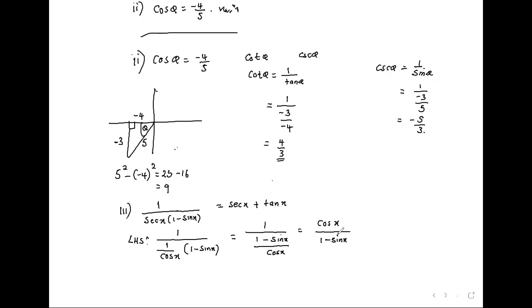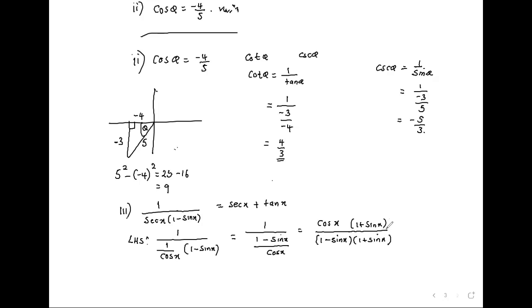So now let's try to multiply top and bottom by 1 plus sin x. Since the sine and cos we have here are not squared, it will be difficult to relate them.